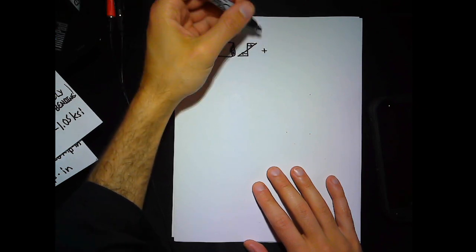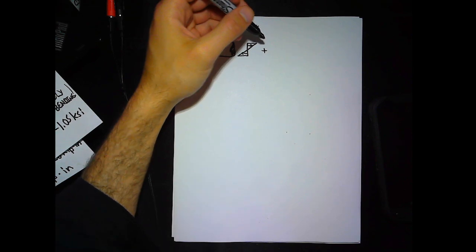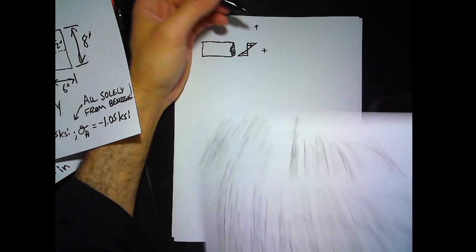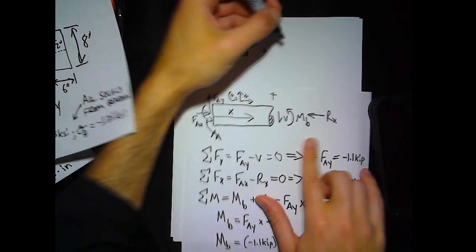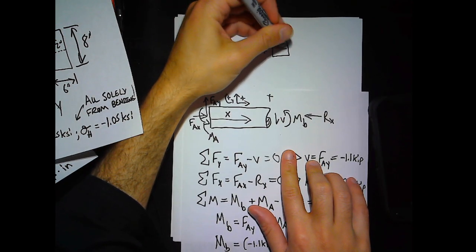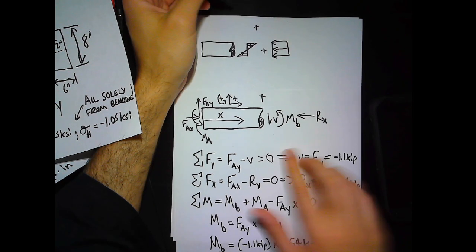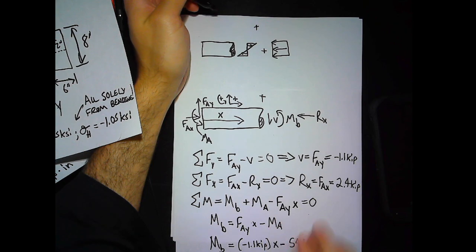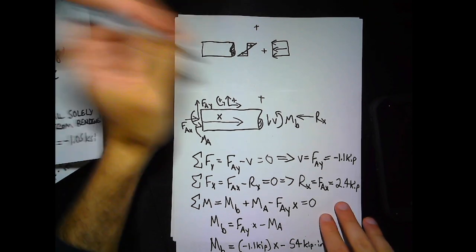I also have to take into account the fact that I have a normal stress there. So remember, if I go back, I have an Rx. So I have some uniformly distributed compressive stress there because Rx is a compressive force.